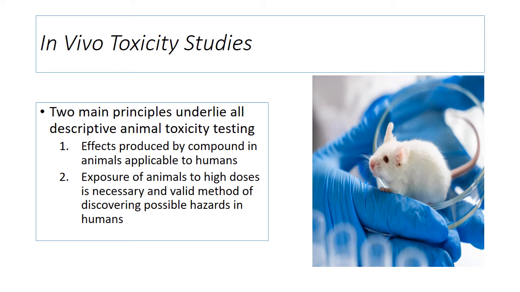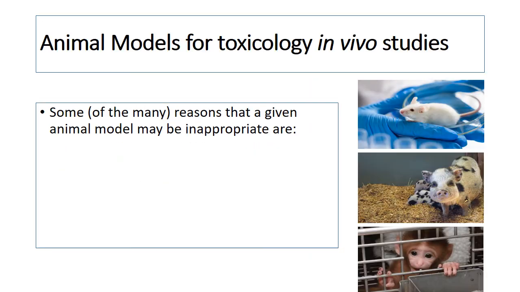We assume that if we see an effect in the animal, this effect is probably going to be replicated in human beings. And that's the same type of mentality that would keep with the toxicological as well. And then the second issue is to do with the fact that we assume that exposure to high doses is a necessary and valid method for discovering possible hazards in human beings.